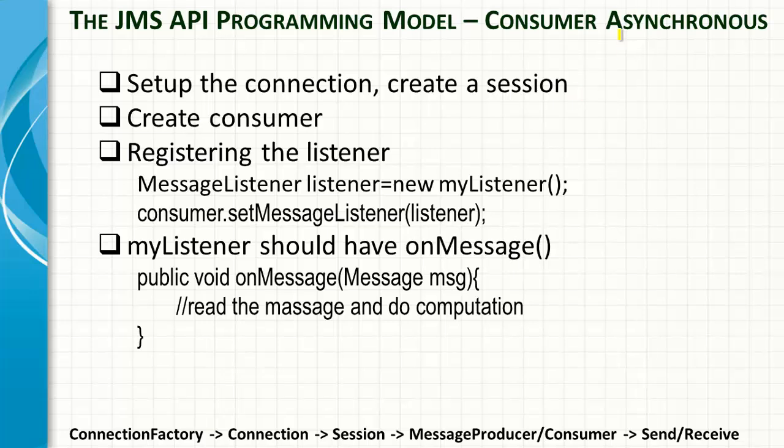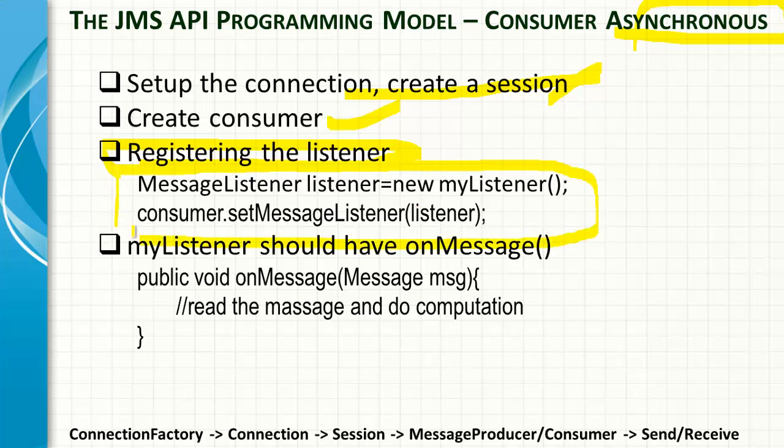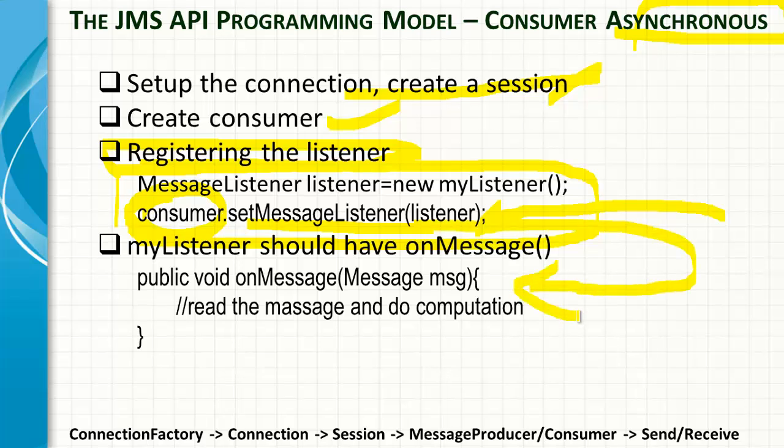If you have to define the asynchronous model, the difference is that we use a listener in this case. So we set up the connection, create the session, create the consumer, and then we register a listener to the consumer with set message listener, and my listener should have an onMessage method. This onMessage method will read the message and do the computation based on the message received.